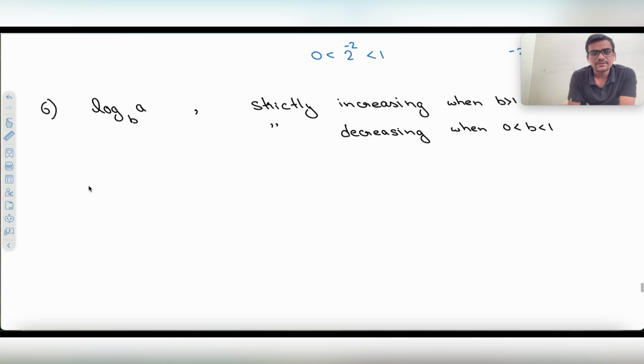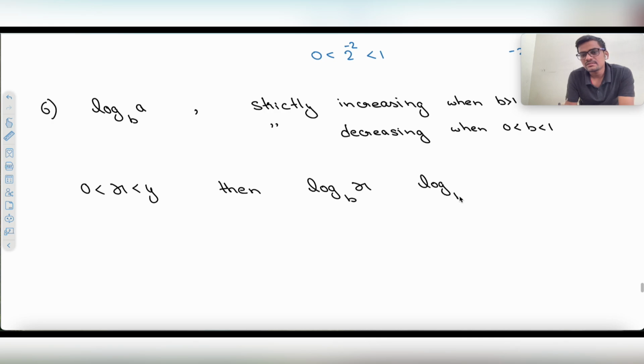So suppose we have an inequality, x is less than y and x is greater than 0. Then if I apply log with base b on x and y, then between these two numbers the inequality sign will be less than only, means the inequality sign will not change if my b, that is base, is greater than 1.